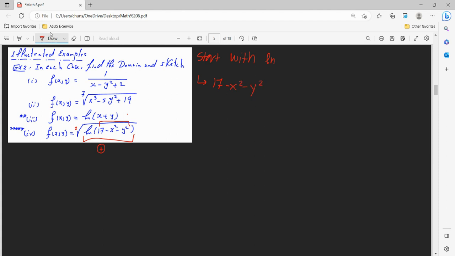And in our previous example, we know everything in an ln must be greater than 0. Now for graphing this, to rearrange it, this could look like x squared equals negative y squared plus 17. And this is again a parabola that opens left.